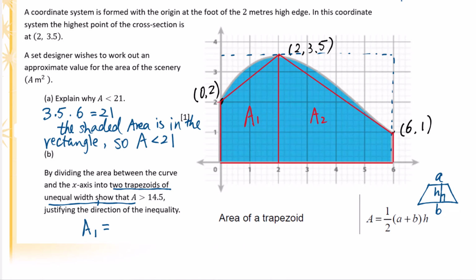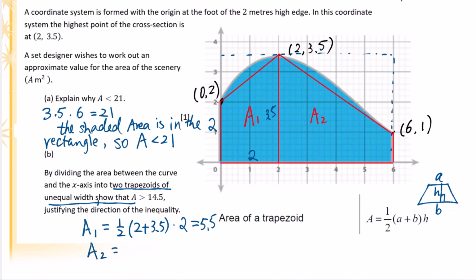For the first trapezoid, the parallel sides are 2 and 3.5, and the height is 2. So we get 1/2 (2 + 3.5) times 2 equals 5.5.